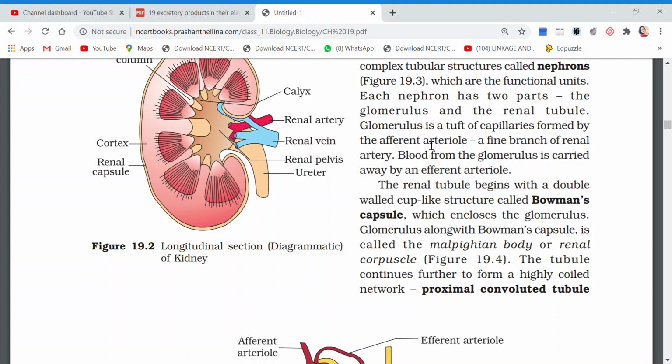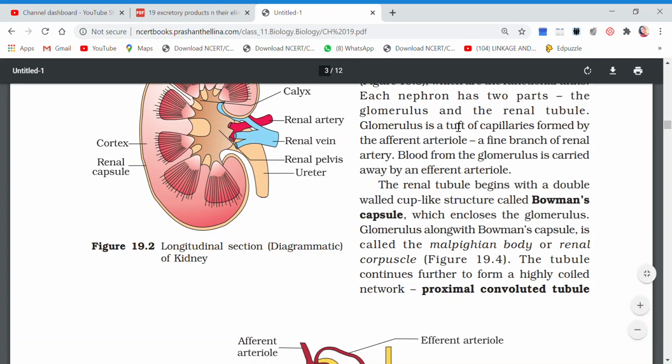Now these afferent arterioles continue further and divide to form a bunch of capillaries or tuft of capillaries.